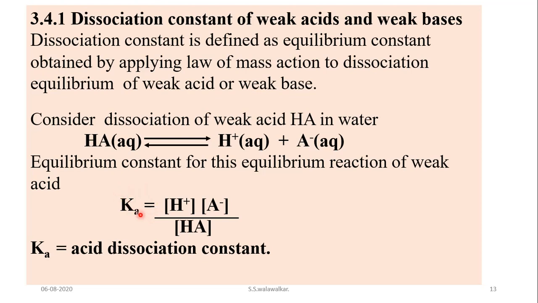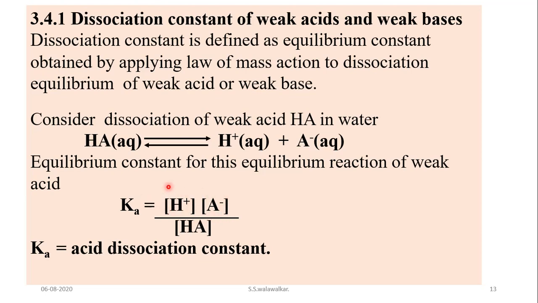Ka represents the acid dissociation constant, which is equal to the product of the concentration of hydrogen ions and the concentration of A- ions.